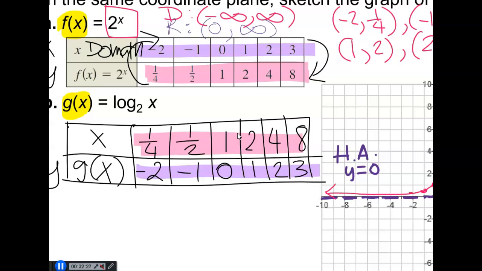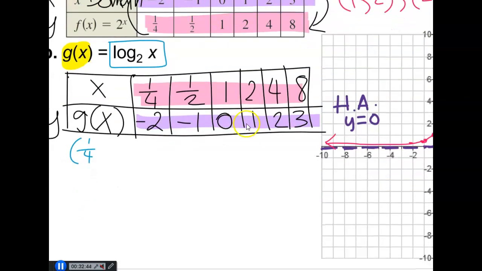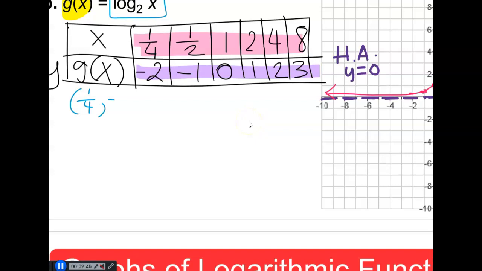Okay, now we're going to graph g of x, which is log of x base 2. So the points we will be plotting will be 1/4, -2, 1/2, -1, and then 1, 0.